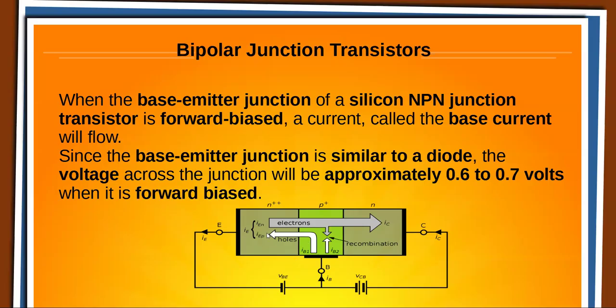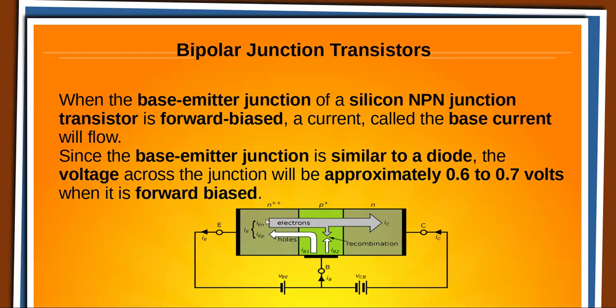And somehow current going through there has an effect on the electrons, and it sort of causes some sort of avalanche effect where you get electrons traveling from this highly doped region over to the collector.